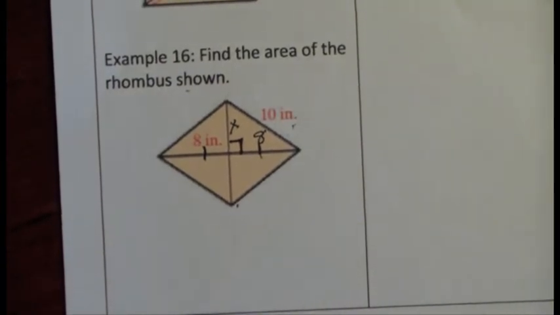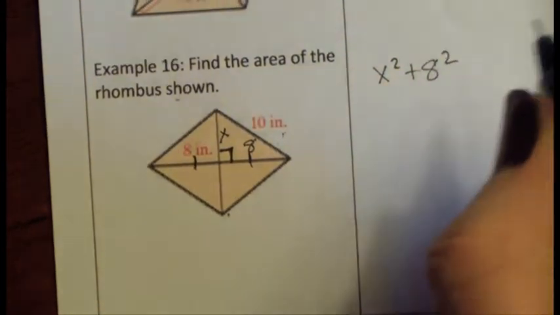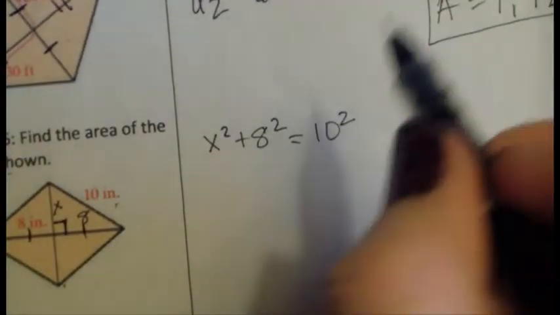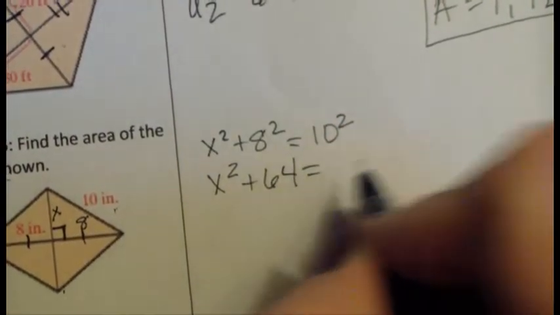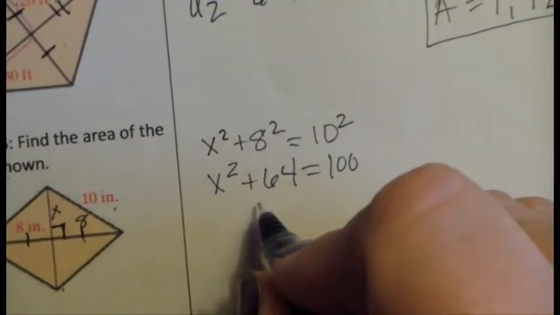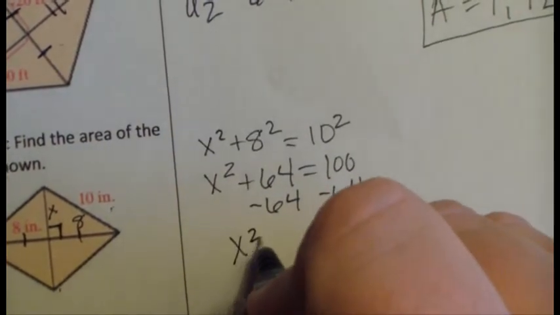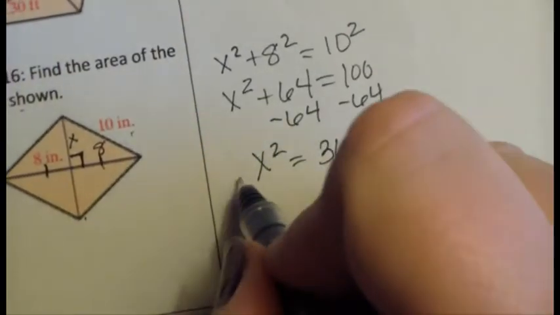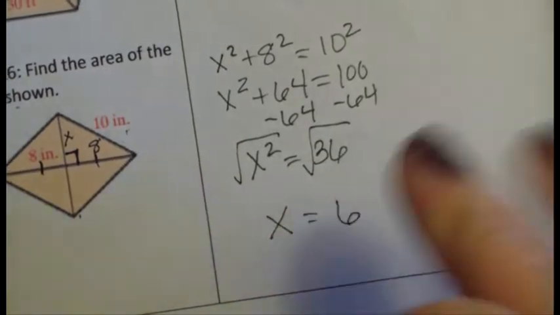So this would be x squared plus 8 squared equals 10 squared. 8 squared is 64. 10 squared is 100. Subtract 64 on each side, and we get x squared equals 36. Square root, and x is 6.